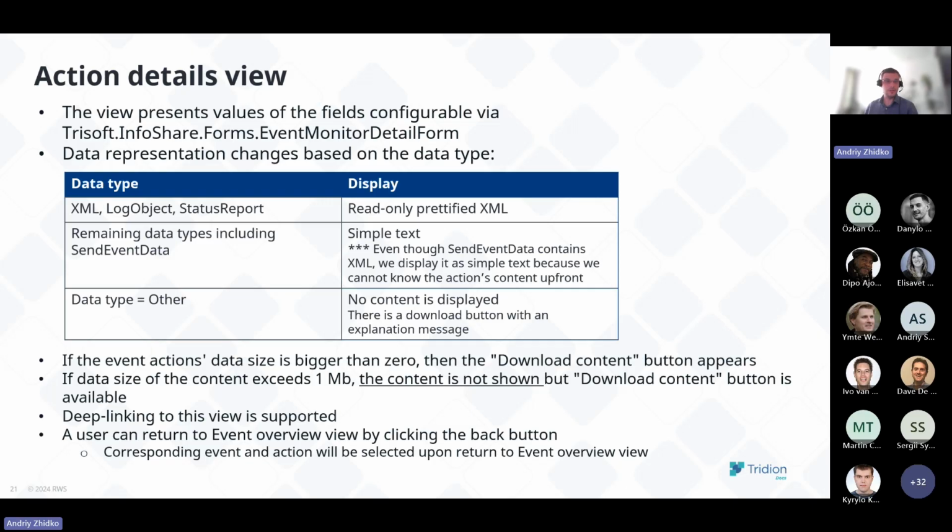So you will see the fallback download content button, and you can use it to download the details of the action. Deep linking to this view is supported. And the user, of course, can use a back button to navigate back to the list of events.